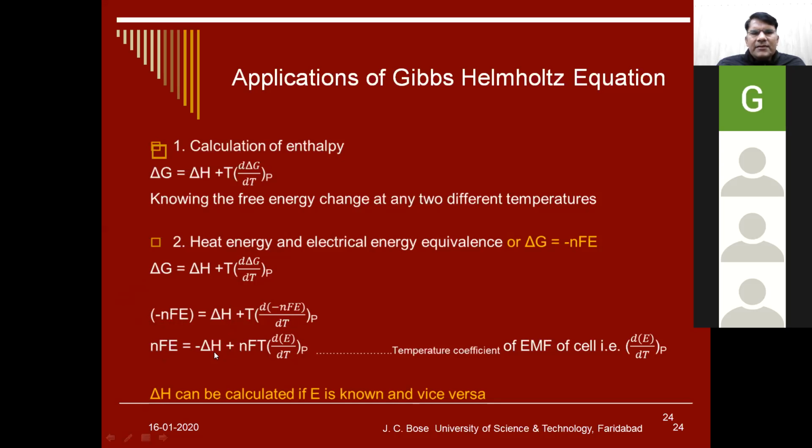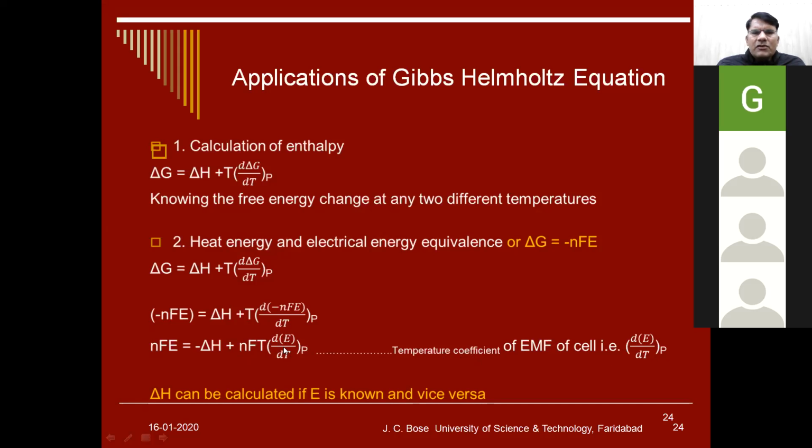Delta H will be negative, and this term is already negative, and it will become positive. So this is the temperature coefficient of EMF of a cell. This is the rate of change of this electrical energy with respect to temperature at constant pressure.